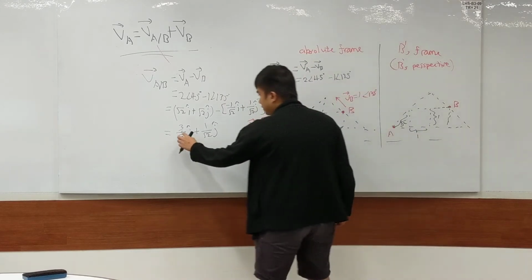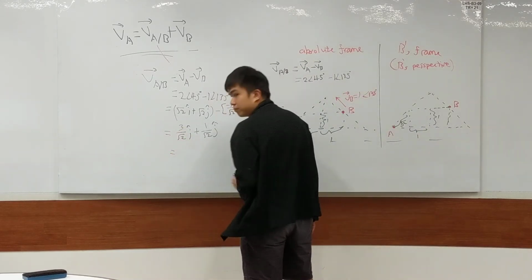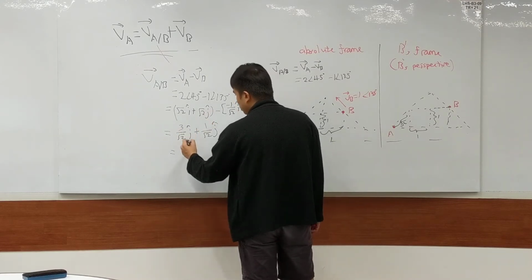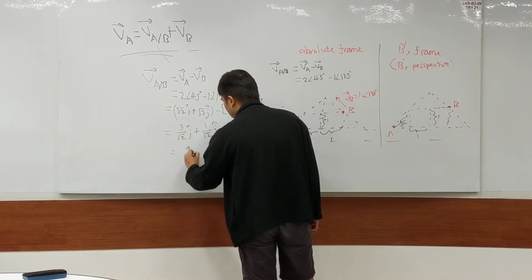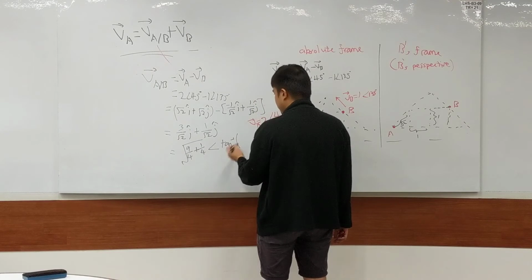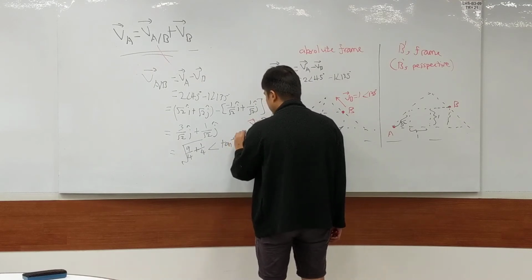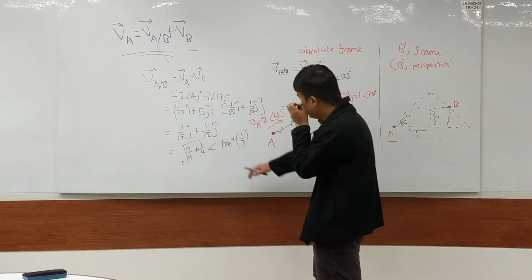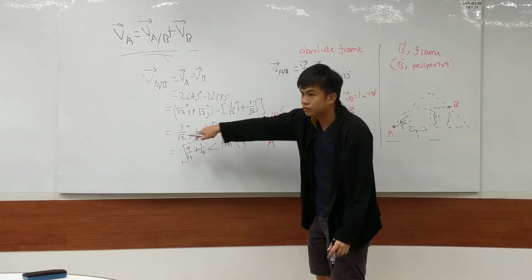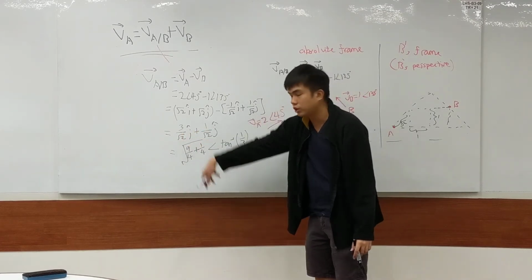Okay, so when we have this, what is the magnitude? Basically, it equals the square root of 9 over 4 plus 1 over 4, with direction arctangent of y over x, so it's actually 1 over 3. We know it's less than 90 degrees because both are positive numbers, so it's in the first quadrant.